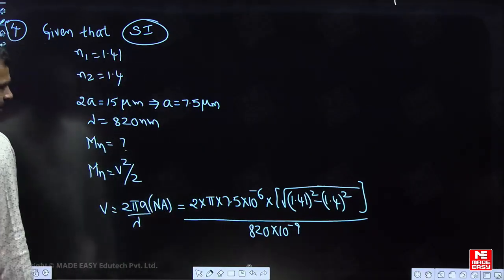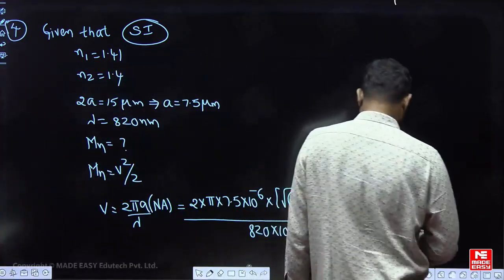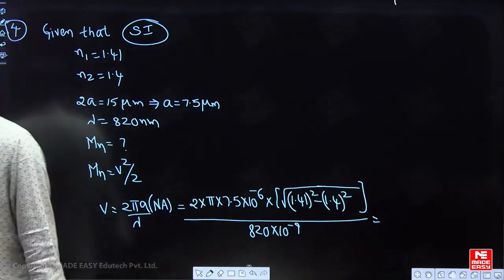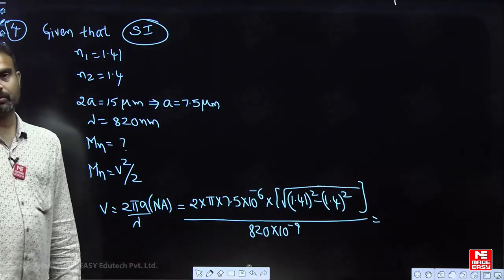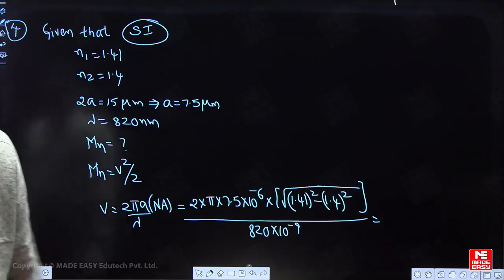Now we get the value of V, and that value is required. V is approximately 9.63 or 9.62.